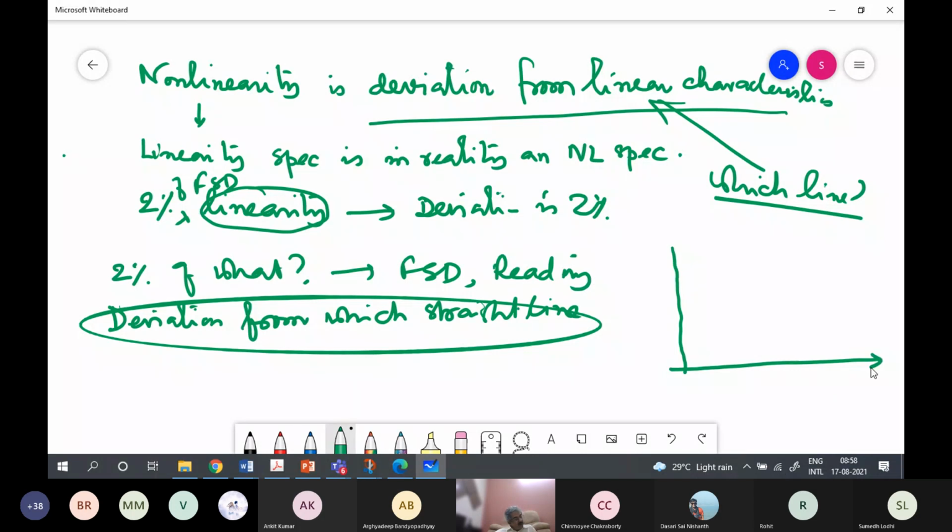This is input, this is output. I get some points by experimenting. These are all exaggerated drawings, by the way. Now, this is the maximum, this is Imax.